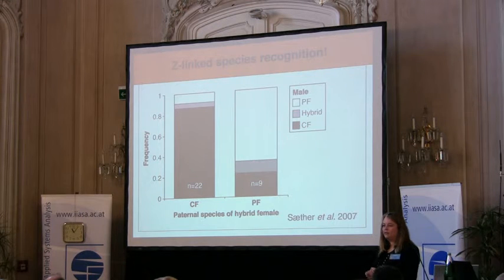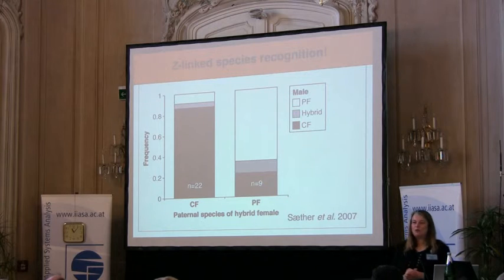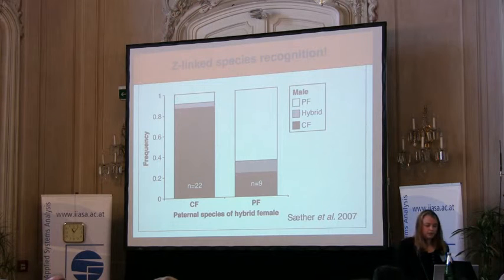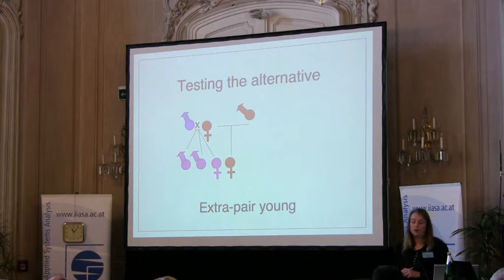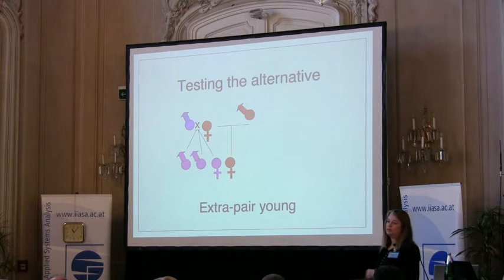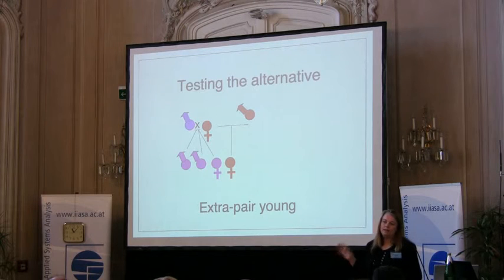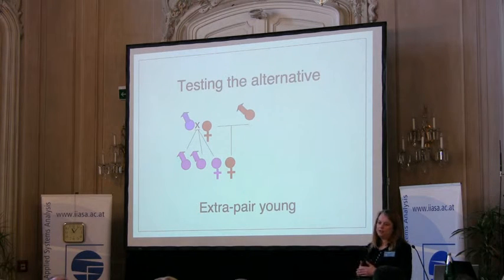Now you may be thinking about alternative explanations to this pattern, and an obvious one would be sexual imprinting. So females might be looking at the male who is feeding her, and then she would prefer a male with a similar phenotype. And in order to tease that possibility apart, we did some experiments. We were swapping nestlings between the nests, and we were also using the fact that there is high loss of paternity within the mixed broods.